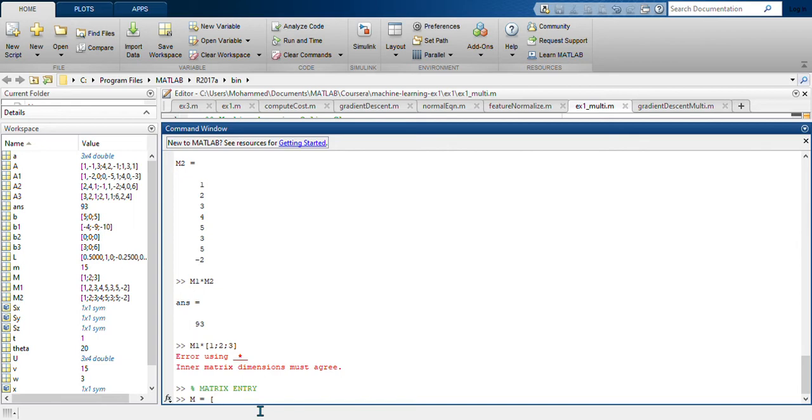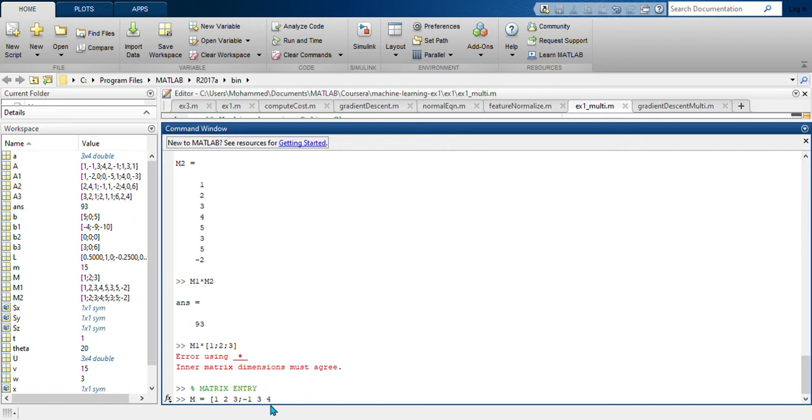Now we want to enter 1, 2, 3. That's our first row, so we put a space or a comma here. Then to go to the second row, we put a semicolon, so that will take us down to the second row, and let's say we want to put some other numbers, say -1, 3, 4.